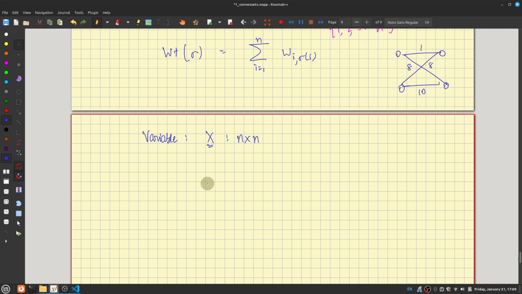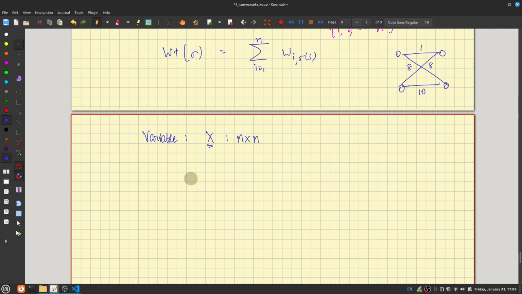The 0, 1 matrix basically tells me the connectivity structure of the matching. Essentially, you can think of it as the adjacency matrix that corresponds to the matching, if you're familiar with the term. But anyway, suppose that X corresponds to the matching. So Xij is 1 if i is connected to j and 0 otherwise.